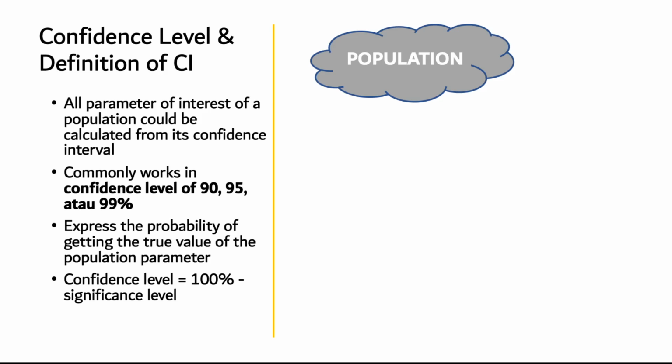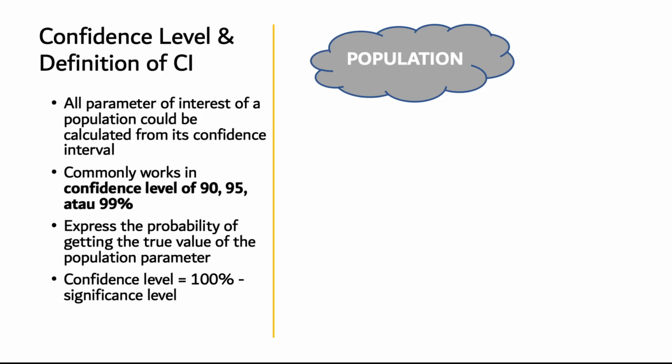The confidence interval can be calculated for all population parameters: mean, variance, standard deviation, and so on. This segment of the video focuses on the confidence interval for population means.